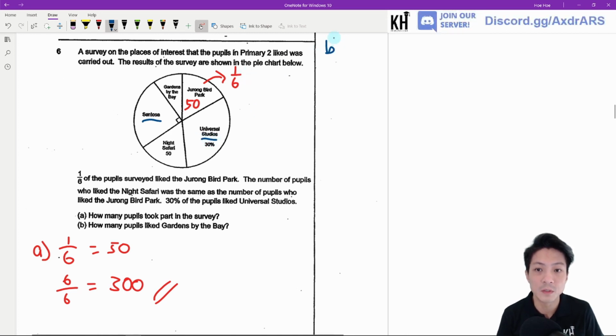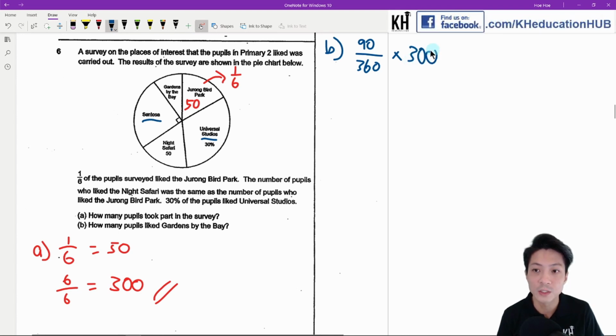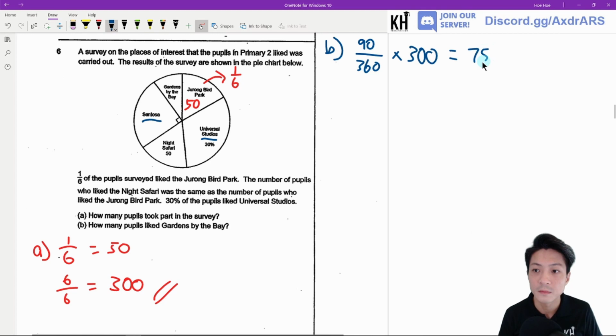I'm gonna do part B over here. Sentosa is 90 degrees, so 90 over 360 multiplied by the total number of pupils, which is 300. So it's 75. Okay, this is Sentosa.